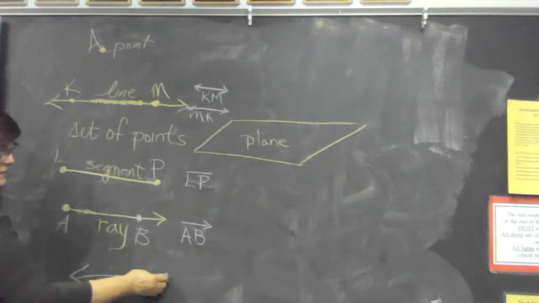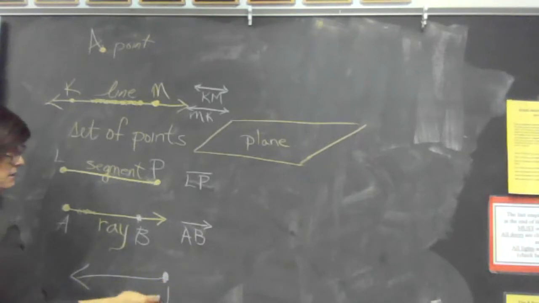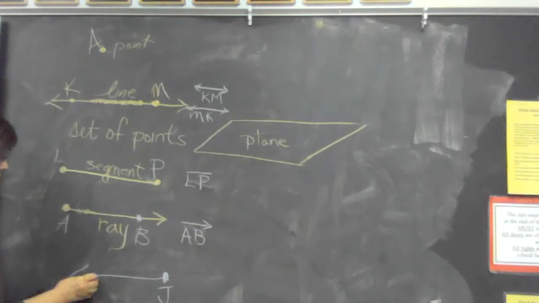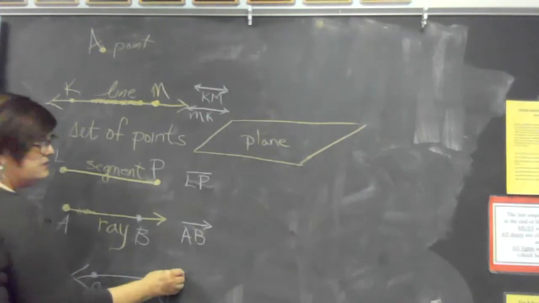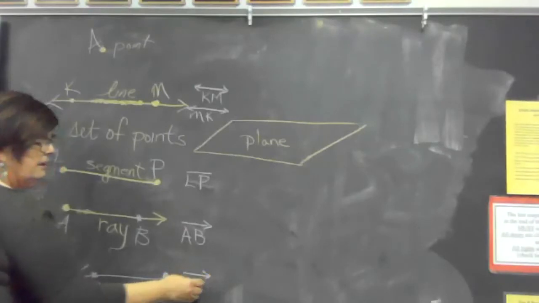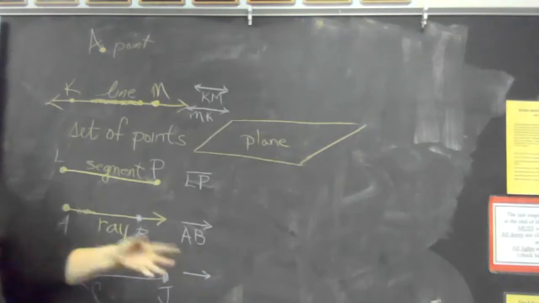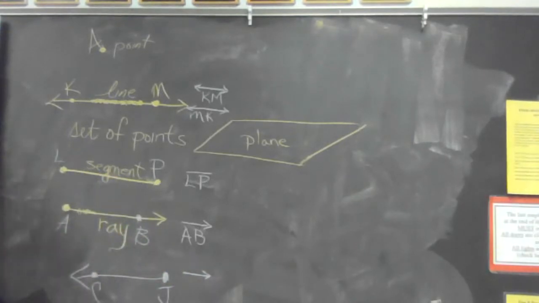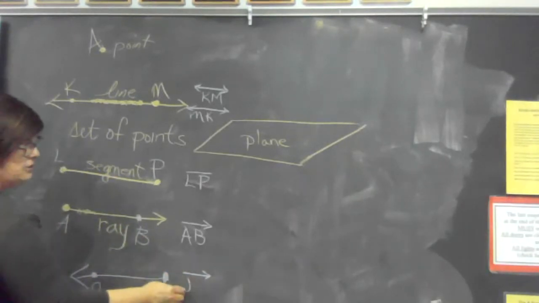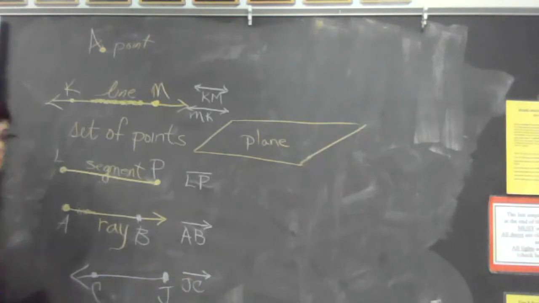If we had this and we had J, C, and you would still use the ray. It doesn't matter. The ray, when we're indicating it, always goes in that same direction. But you have to name the endpoint first. So it would be JC.